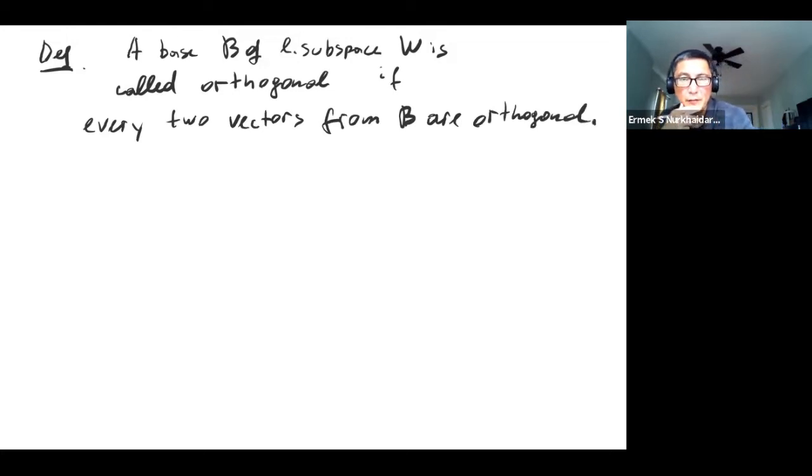So a base is orthogonal if you pick any two base vectors, they're going to be orthogonal. If that's happening, we're going to call that base orthogonal.